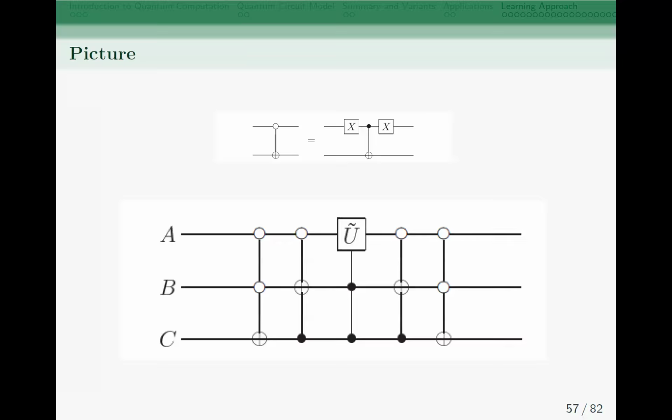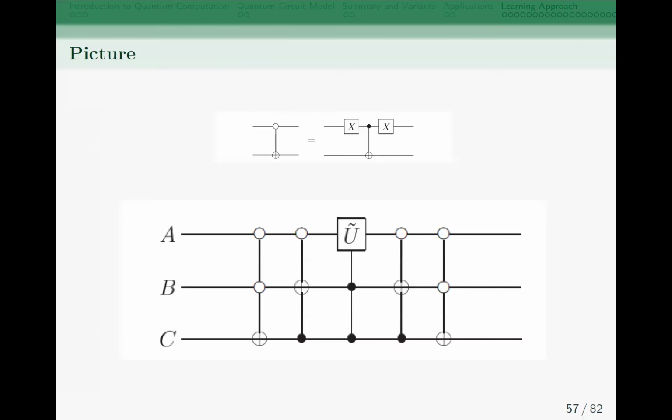In order to prove this, we introduce another small variant of the control dot. We call this the white dot here. It is similar to the control dot, but it will flip the target if the control is 0.